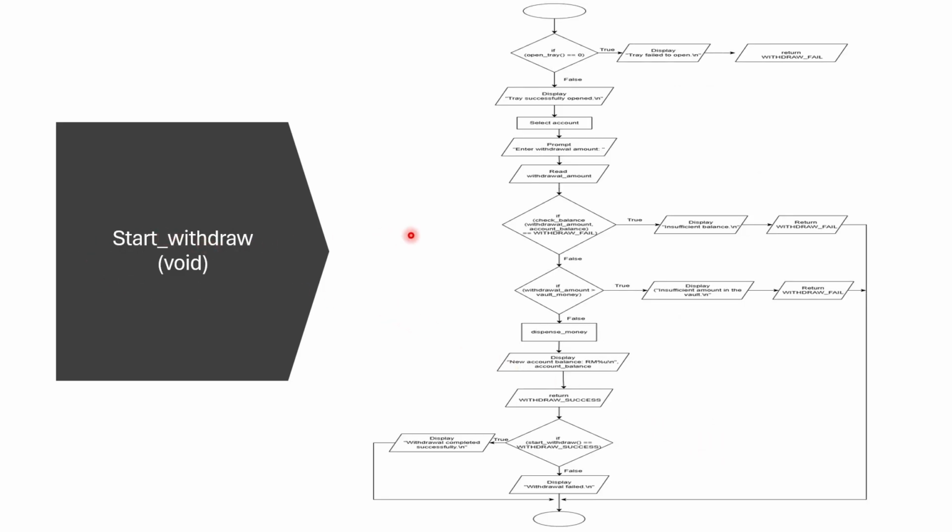So lastly, is the start withdrawal function. Firstly, we have an if function: if open tray is equal to 0, if the condition is true, display tray failed to open and return withdrawal failed.